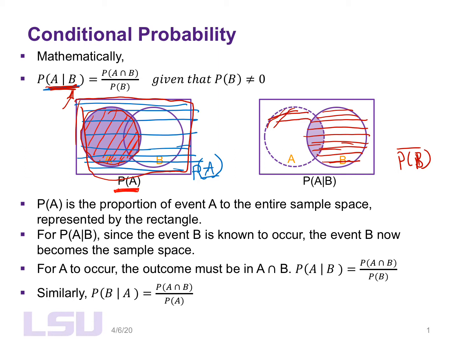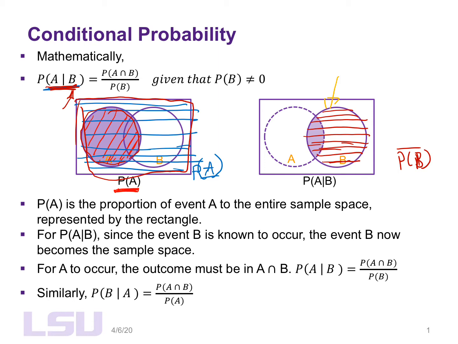Let's change this. First clean out this. This can't exist anymore, right? Because it's outside what you are given, which is B. So what part of A can intersect with what you are given, which is B?